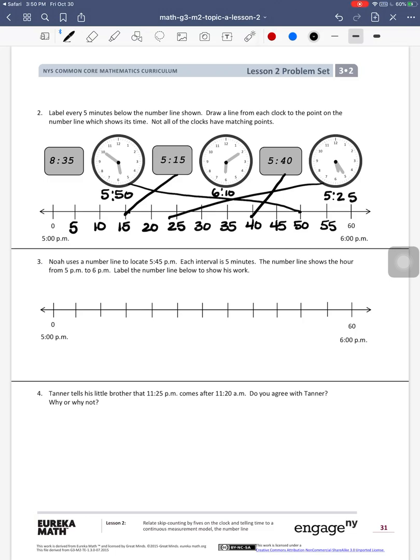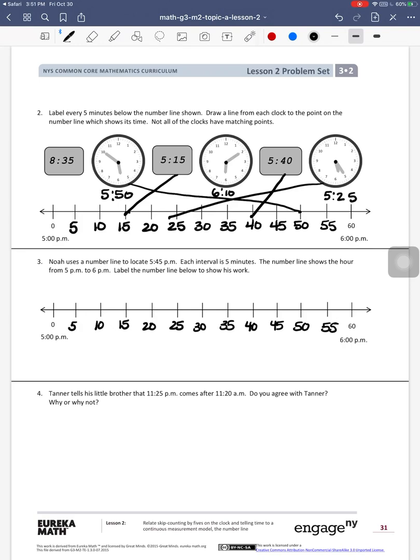Number 3, Noah uses a number line to locate 5:45 p.m. Each interval is 5 minutes. The number line shows the hour from 5 p.m. to 6 p.m. Label the number line below to show his work. All right, so there's 5:05, 5:10, 5:15, 5:20, 5:25, 5:30, 5:35, 5:40, 5:45, 5:50, 5:55.